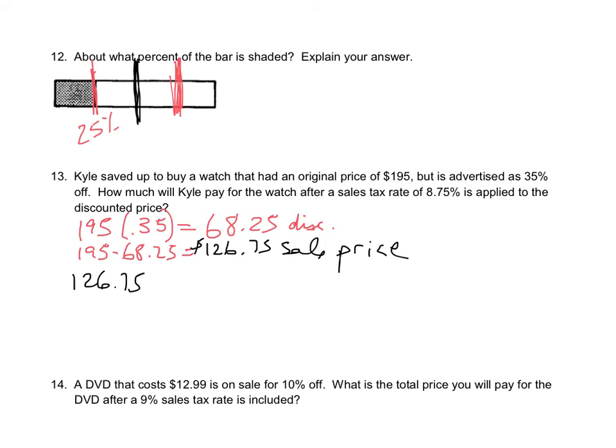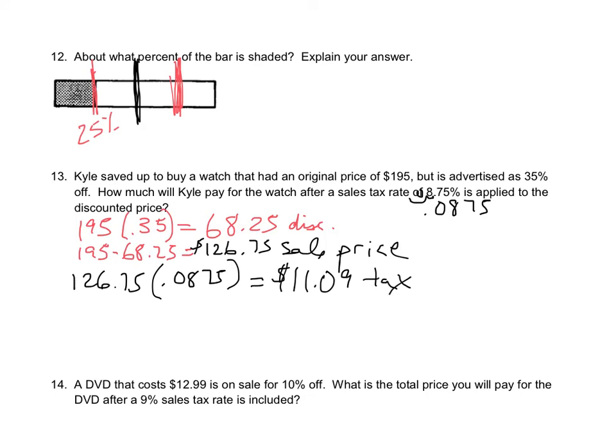So 126.75 times, okay, there's our percent, so we want to change it to a decimal, moving it 2 places. So 0.0875. All right, so go ahead and multiply that out. You're going to get $11.09. That's your tax, okay?